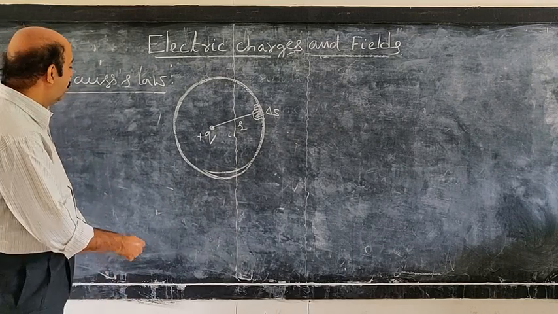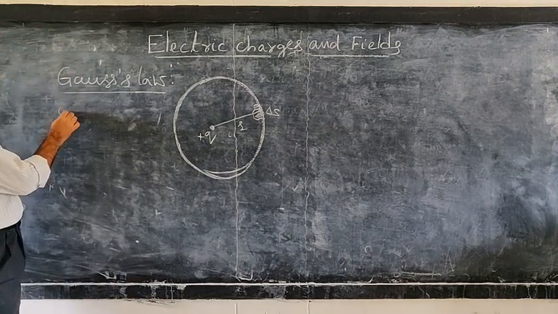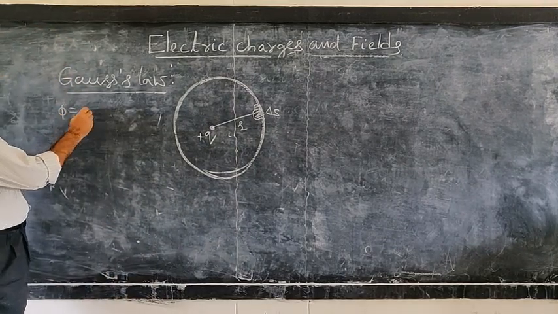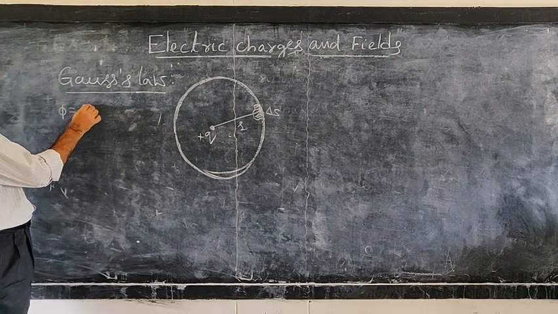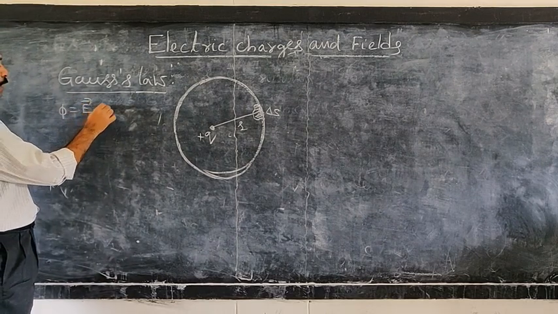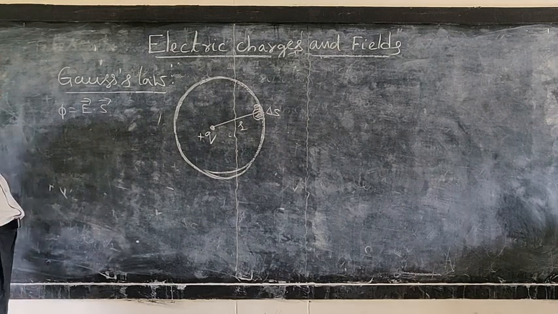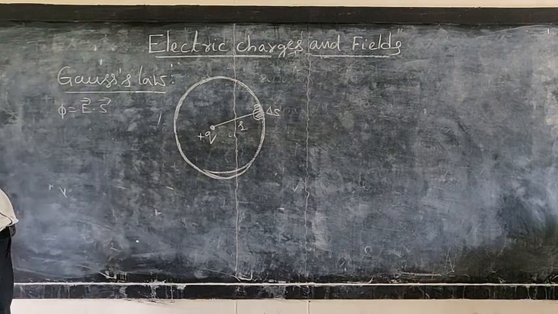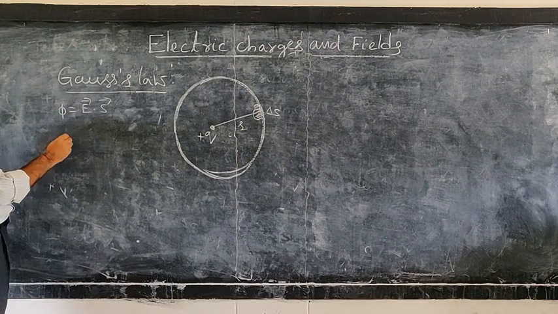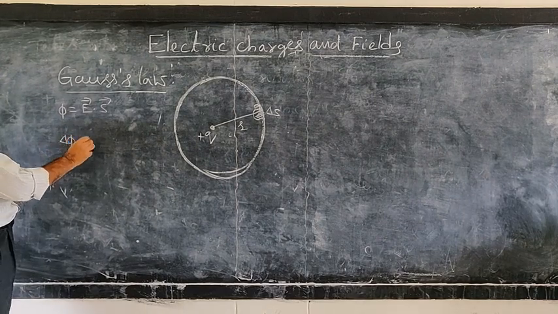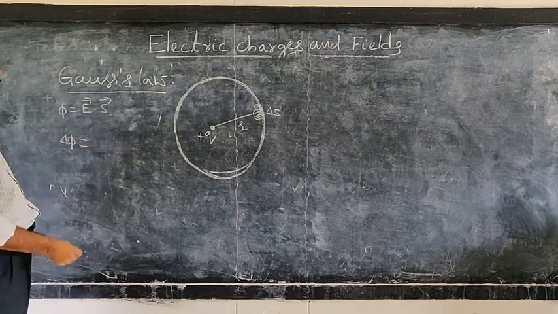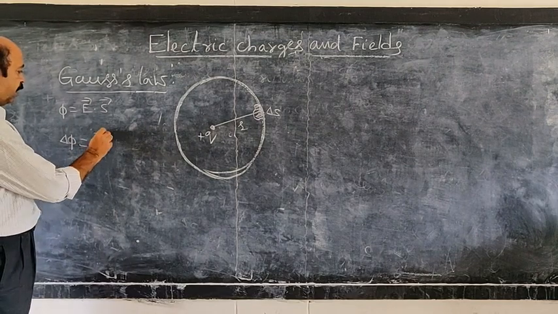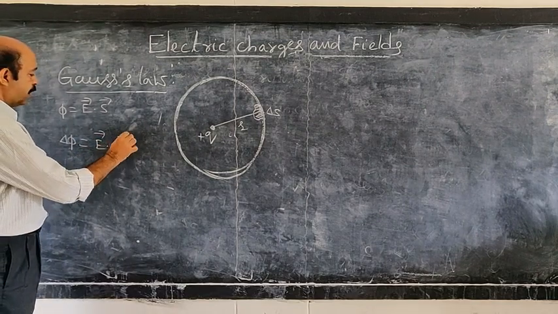Already we know flux is defined as the dot product of electric field strength and the area element. So that's what we know. Now here if you apply that concept, the elemental flux through the elemental area is given by E bar dot delta S bar.